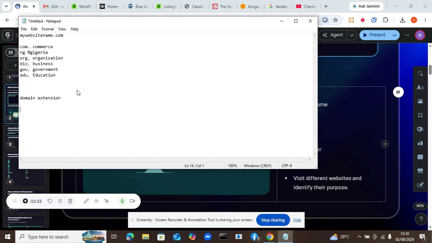It has to do with the system by which the internet and the computer translate your Facebook.